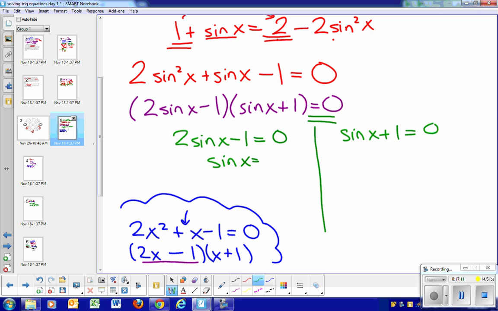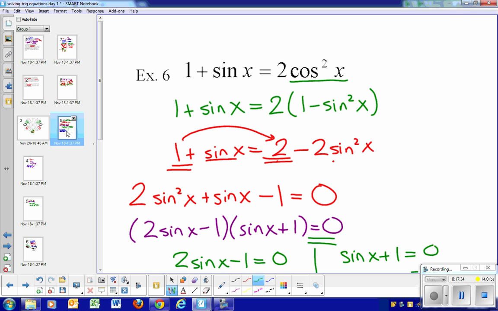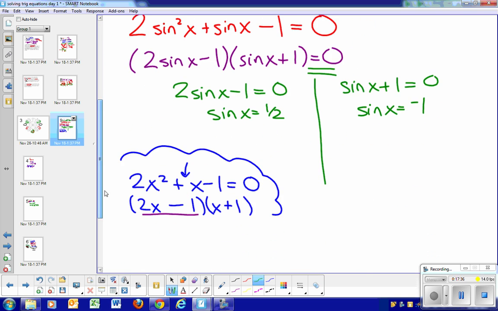So you need to go back to your unit circle and find out where sine is equal to a half, which is here and here. And you need to find out where sine is negative 1. Oh, the last question had that as well. So my solutions on this last question would be pi over 6 and 5 pi over 6. And over here, 3 pi over 2. So that question has 3 solutions.